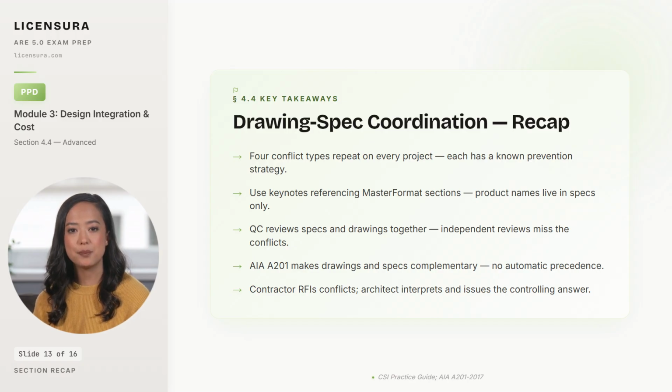And finally, when a conflict reaches construction, the contractor RFIs it, the architect interprets it, and the architect's interpretation is the controlling answer under the contract. The architect who runs the coordination process closes the conflicts on the page rather than absorbing the lawsuit later.